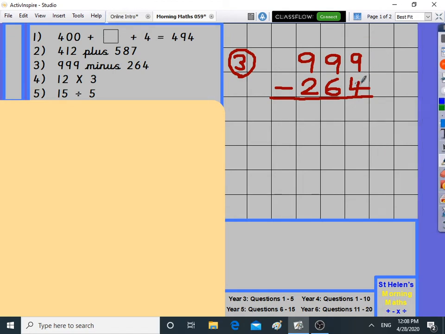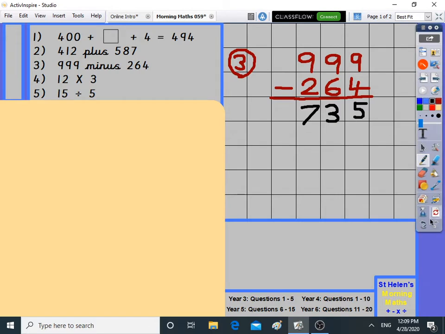So, 9 minus 4, that's 5. 9 minus 6 is 3. And 9 minus 2 is 7. Let's check over that. 9 minus 4 is 5. 9 minus 6 is 3. 9 minus 2 is 7. 735 is our answer.